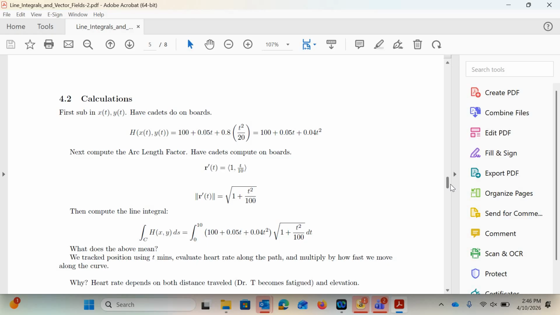And step 2, find the magnitude. So that's this. Component squared under square root. That's what I have here.